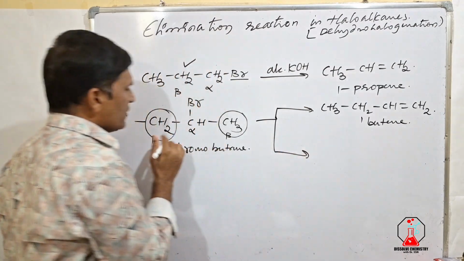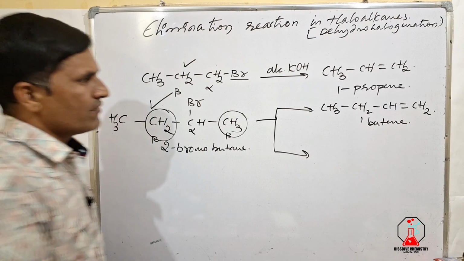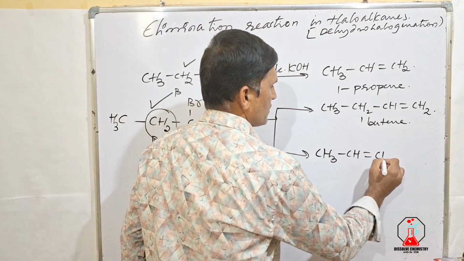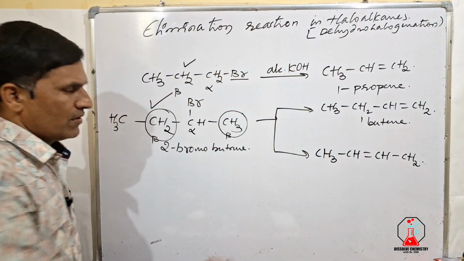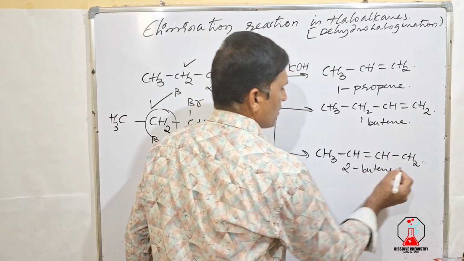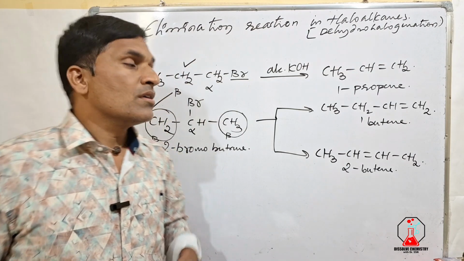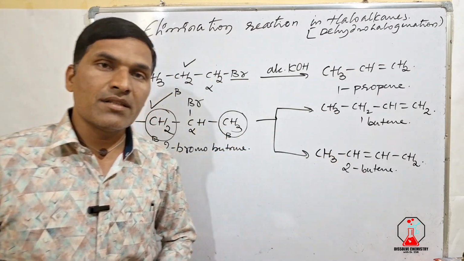Similarly, if the proton is abstracted from the other carbon atom, we end up with CH3CH=CHCH3, 2-butene. So we expect both to have equal probability of undergoing elimination to give 1-butene and 2-butene.